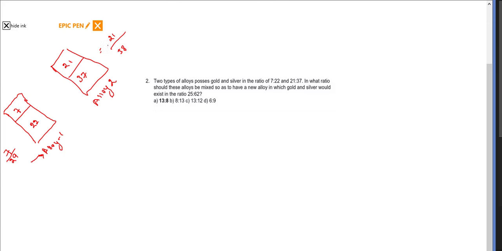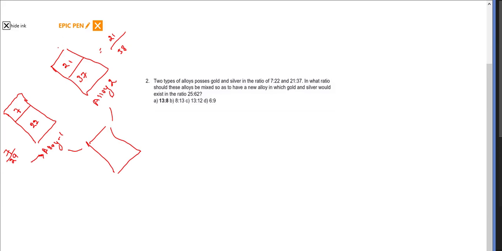So these are two alloys, and when we mix them in a particular ratio, for example, if we mix 5 kgs of alloy 1 and maybe 2 kgs of alloy 2, we may get a resulting mixture. But we do not know the ratio in which we mix alloy 1 and alloy 2. That is what we need to find out.